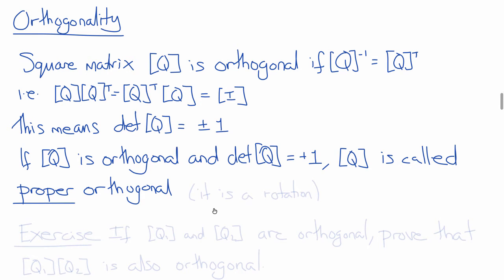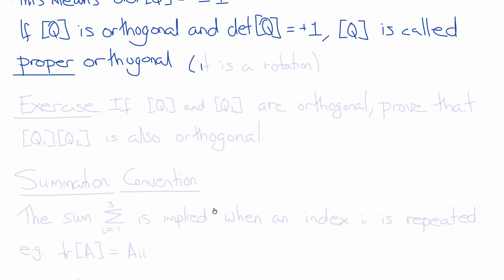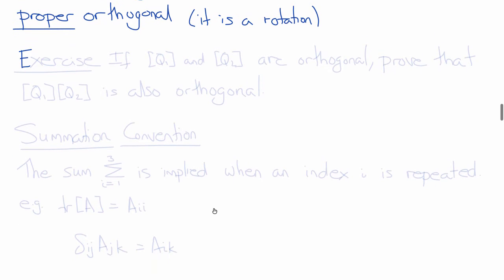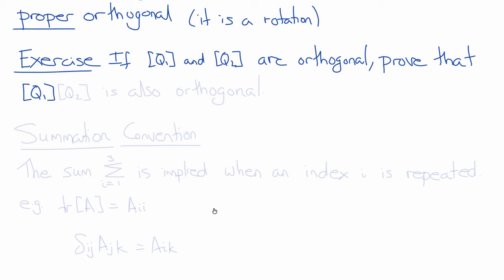But proper orthogonal transformations are the ones that we're mostly interested in in continuum mechanics. As an exercise, you can show easily that if Q1 and Q2 are orthogonal matrices, their product Q1 times Q2 is also orthogonal.